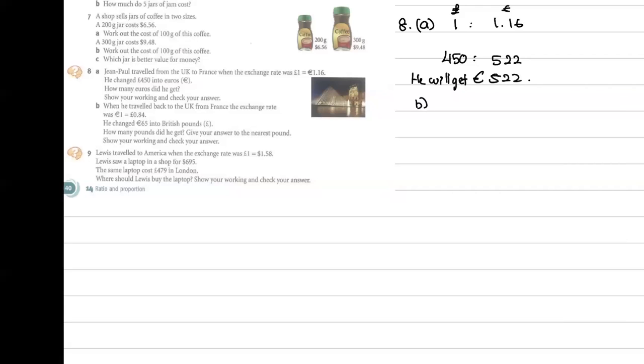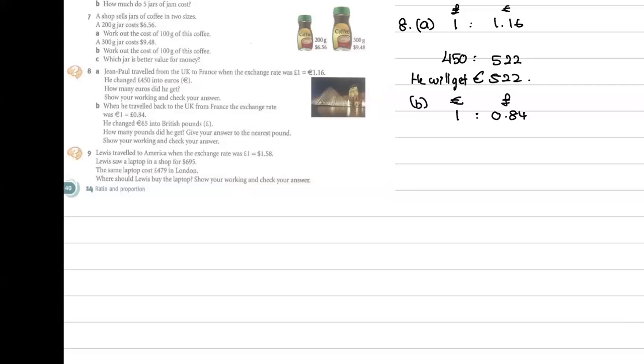And then when he travels back to the UK from France, the exchange rate was €1 equals 84 cents in pounds. So €1 is to 0.84. So this is the opposite now.